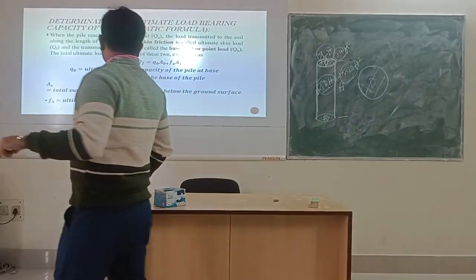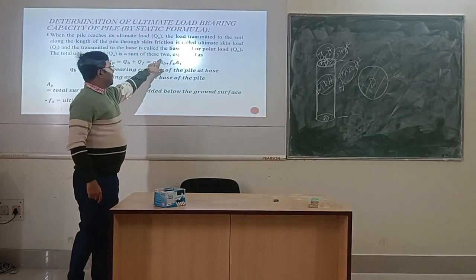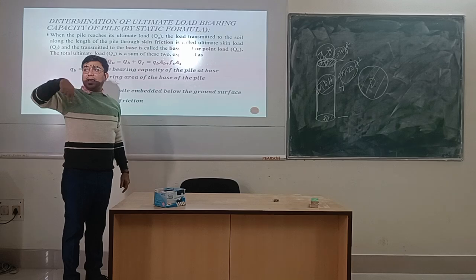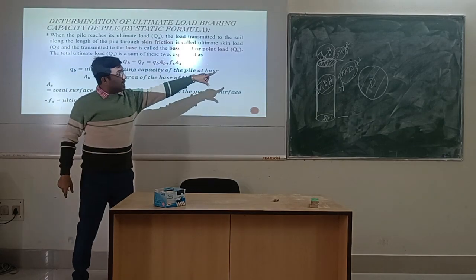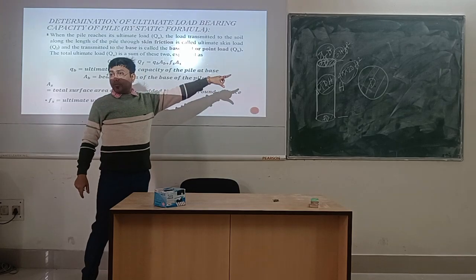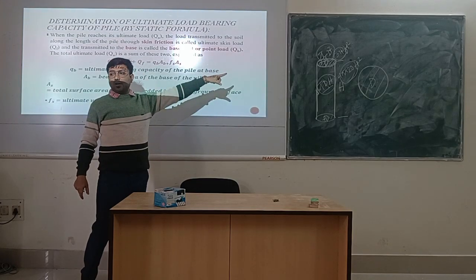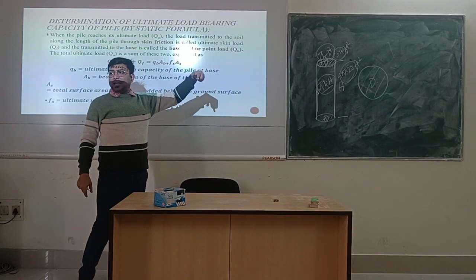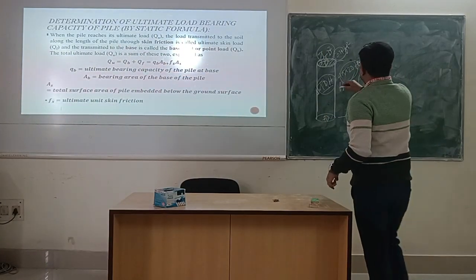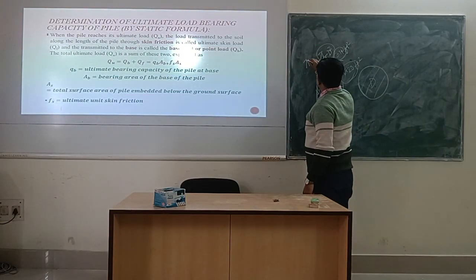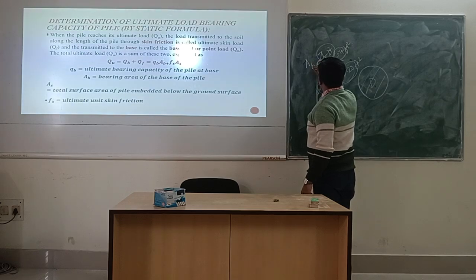And this capital AB is the area of the circular part. That is, in this case, pi by 4 d square that you have already calculated. That area is AB, that means from the notation, this is AB.